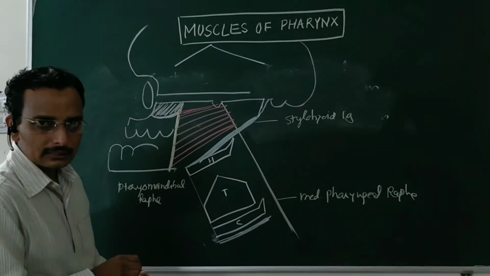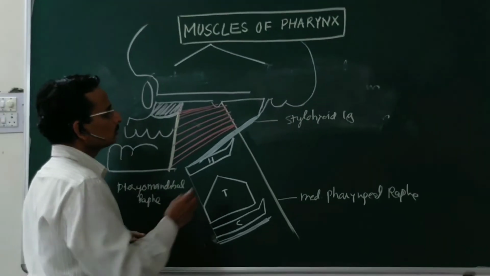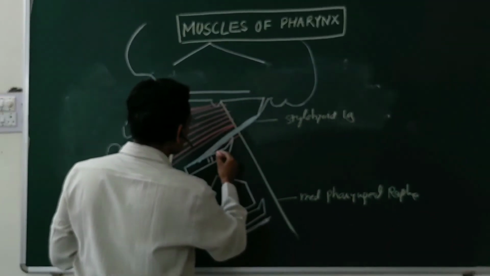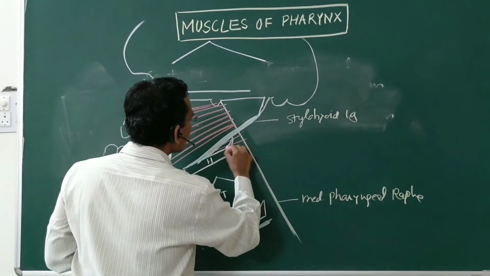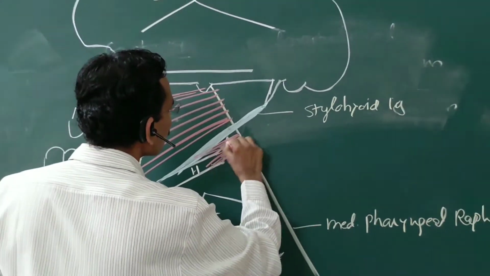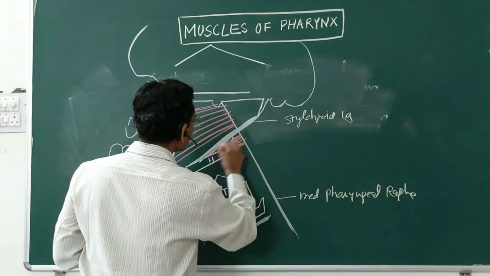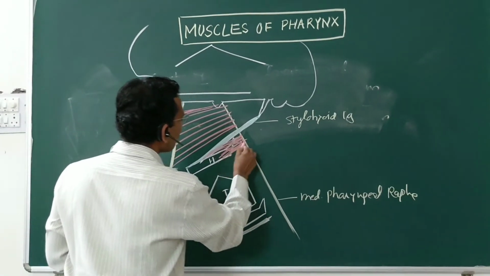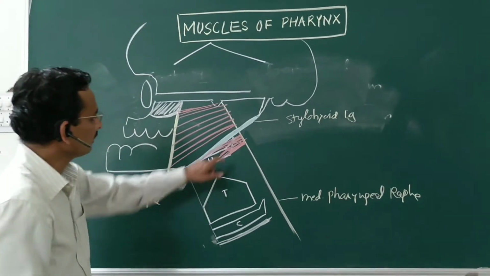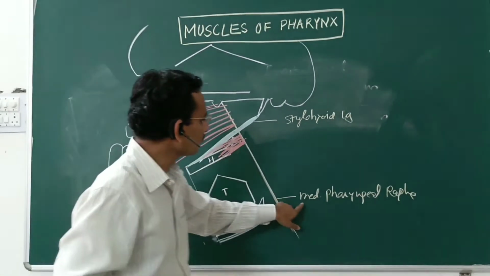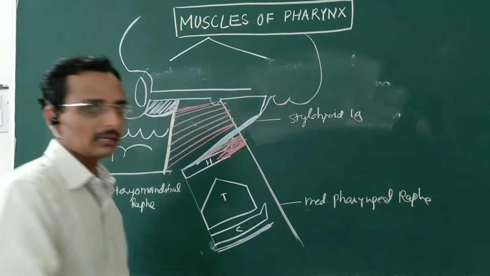What about the middle constrictor? The middle constrictor muscle originates from the base of the stylohyoid ligament, the lesser cornu, and the upper part of the greater cornu of the hyoid bone, and it is again inserted on the median pharyngeal raphe.